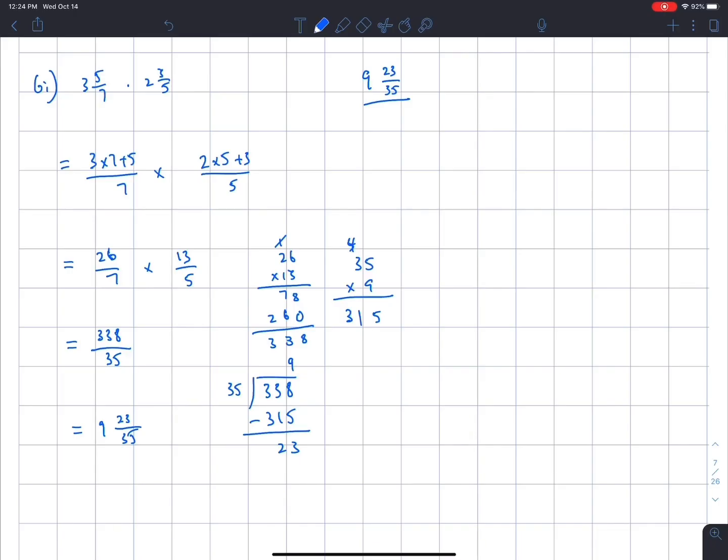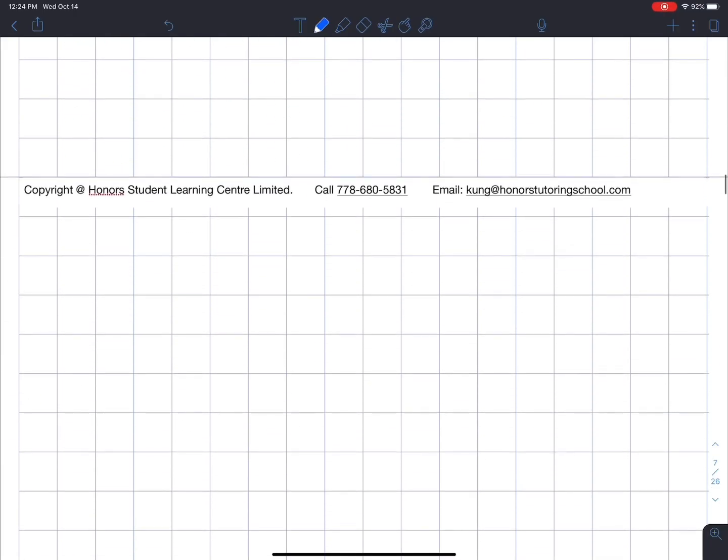And 6J is the next one. 4 and 5 over 19 times 40 and 1 over 9. So this will be 4 whole times 19 plus 5 over 19 times 40 times 9 plus 1 over 9.